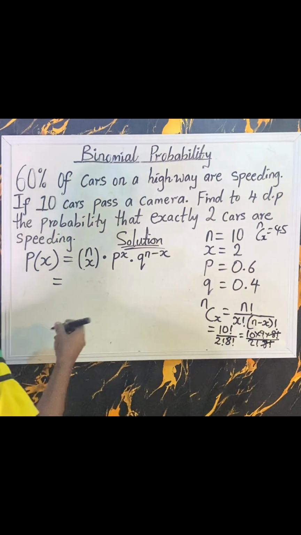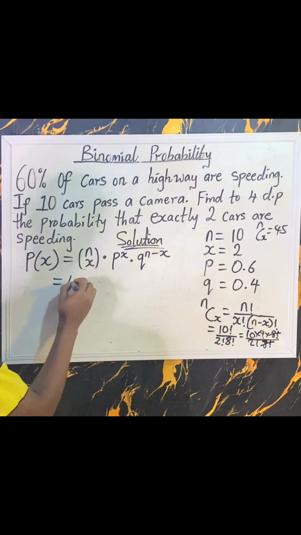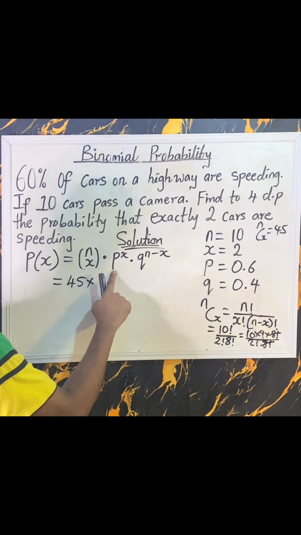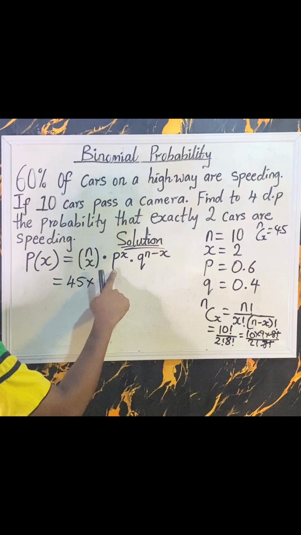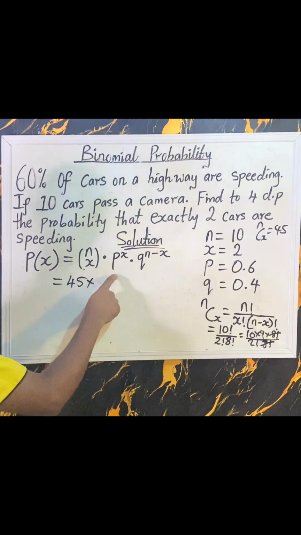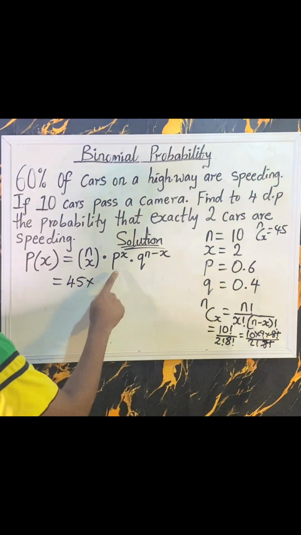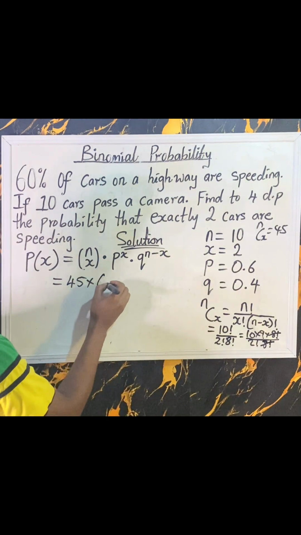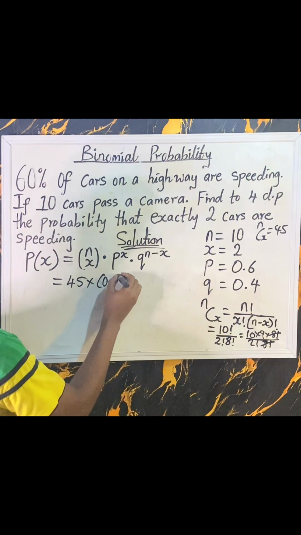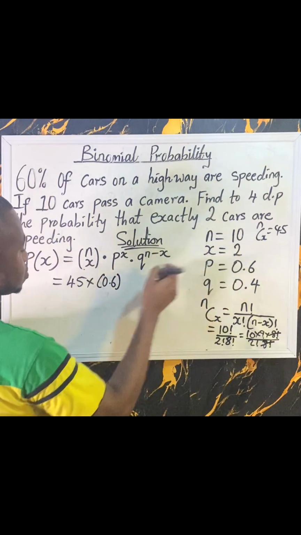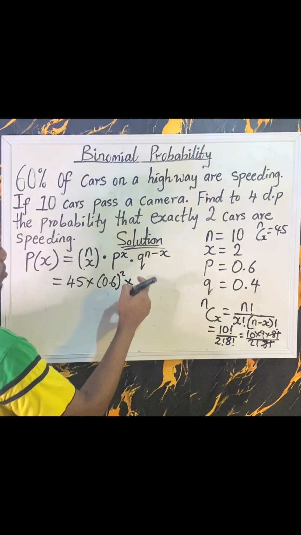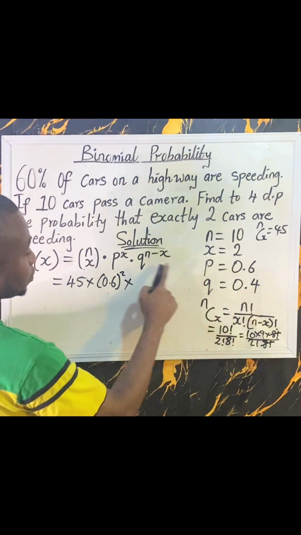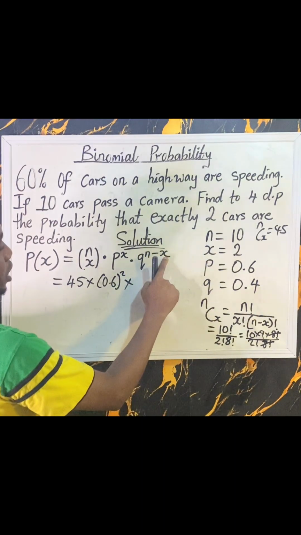Moving forward, therefore we have 45 times p raised to power x, and p is 0.6, and x is 2. So that becomes into bracket 0.6 raised to power 2. Then times q raised to power n minus x. q is 0.4, n is 10, x is 2.